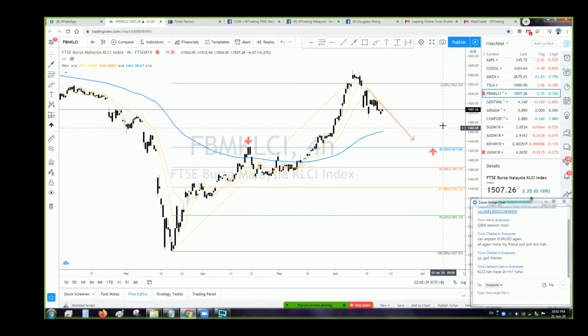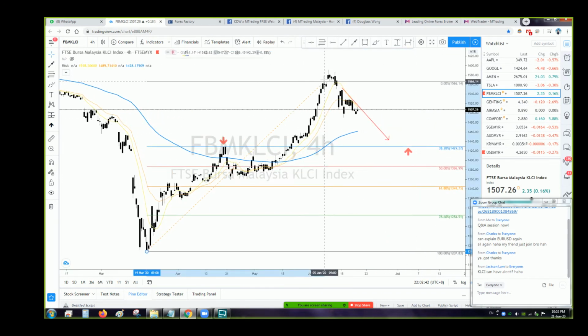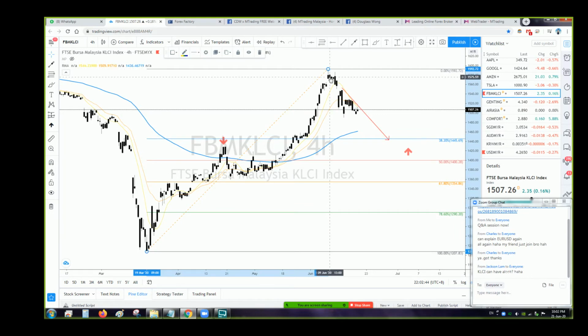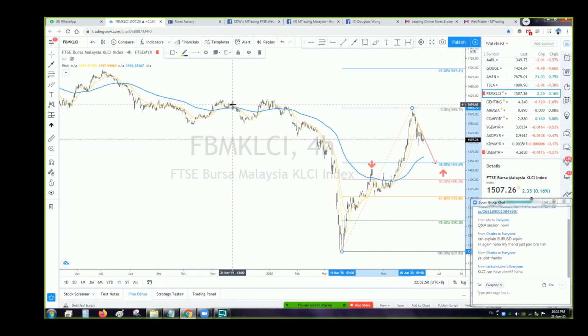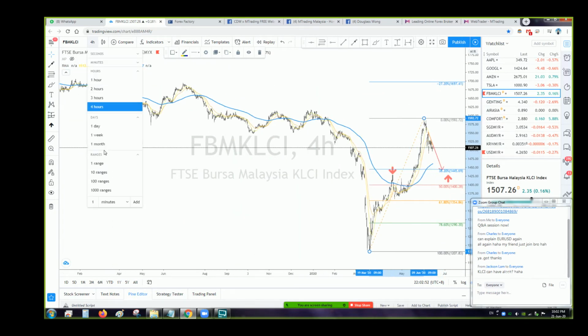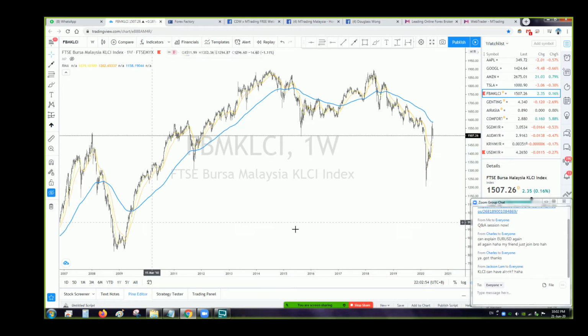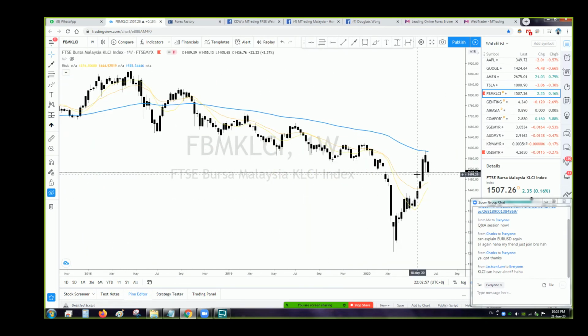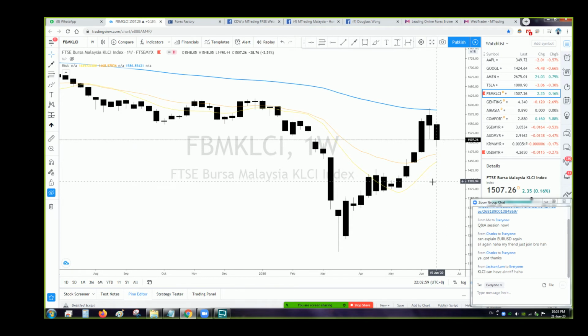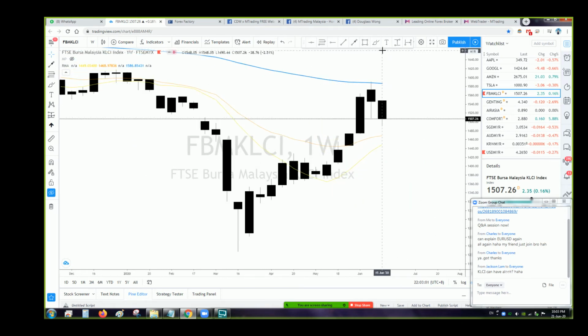You see, price went to the highest peak and right now we are at 1500. Let me zoom out a bit and go into weekly first. Oh, you see, perfect reaction. KLCI actually hit the EMA 100, boom, and then rejected.